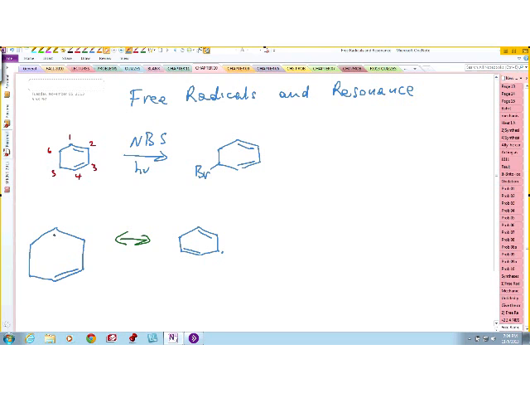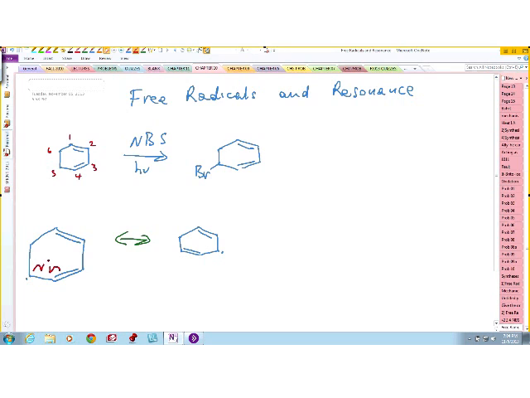Okay, we start with this, and the free radical is right here on that carbon. What we're saying now is that we could have this one electron moving here. Notice we're only moving one electron.